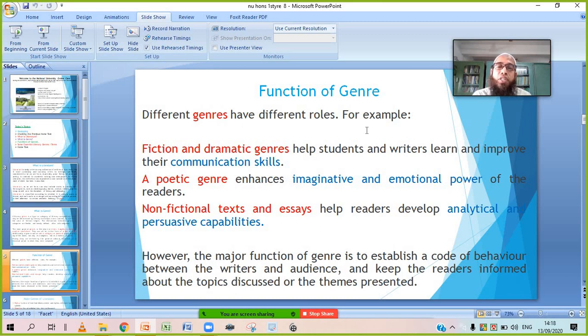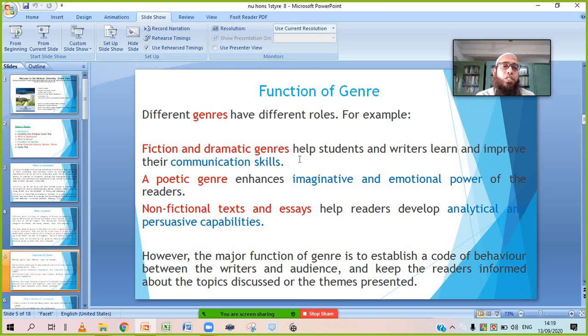Different genres have different roles. For example, fiction and dramatic genres help students and writers learn and improve their communication skills. So actually, sometimes some people may say, what is the use of reading a novel? Or what is the use of reading a drama, a play? What is the benefit? Why do you read?